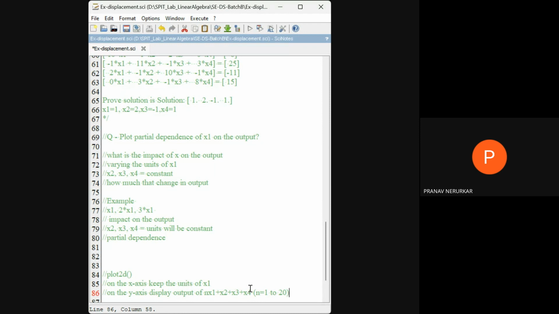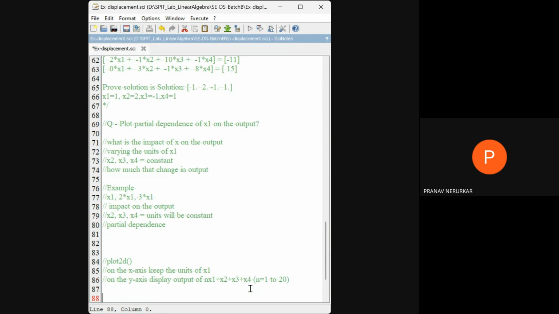And then you have to repeat the same exercise. Get on the same plot the partial dependence of x2, x3 and x4.